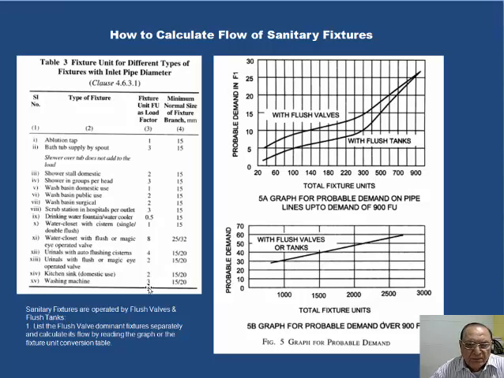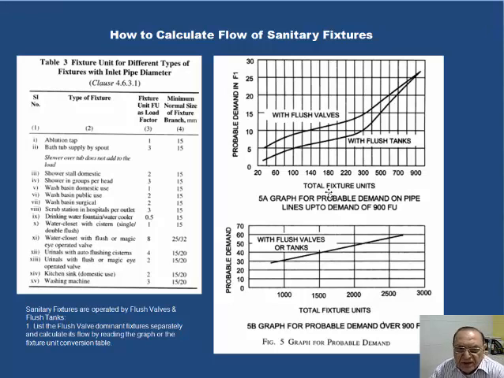By having the total number of fixtures in use, multiplying all the fixtures with their rated fixture unit, total fixture units are obtained. And considering the type of system, like flush tank operated or flush valve operated, we have to select from this graph what will be the total requirement, total flow.